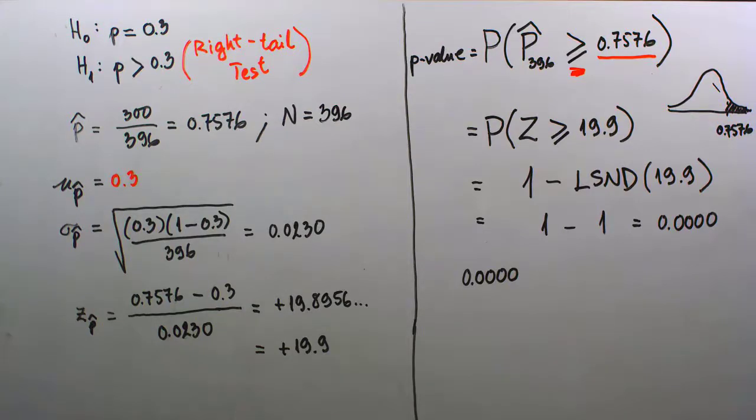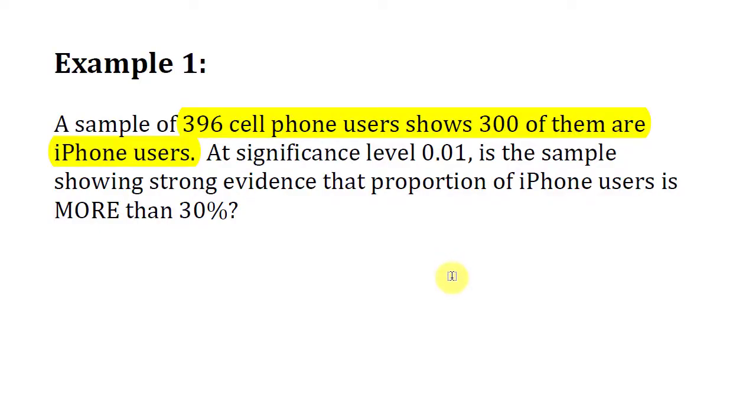And so remind yourself that back on our computer screen here, how can we tell whether or not our sample can be strong evidence or not? Because ultimately our question is asking, is the sample showing strong evidence? So being strong evidence or not.